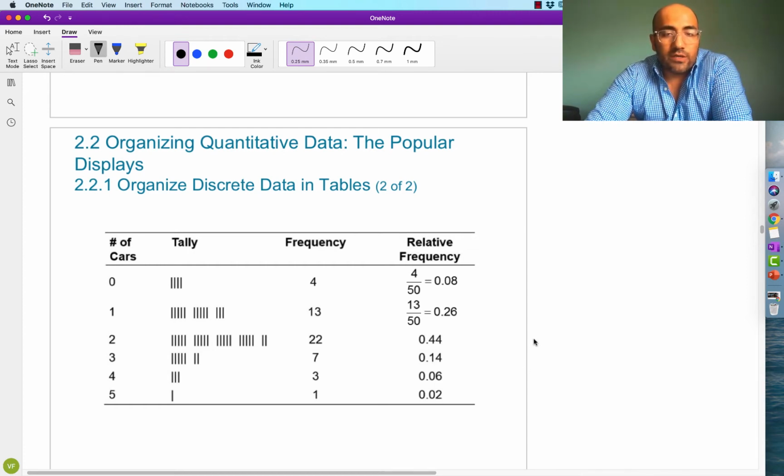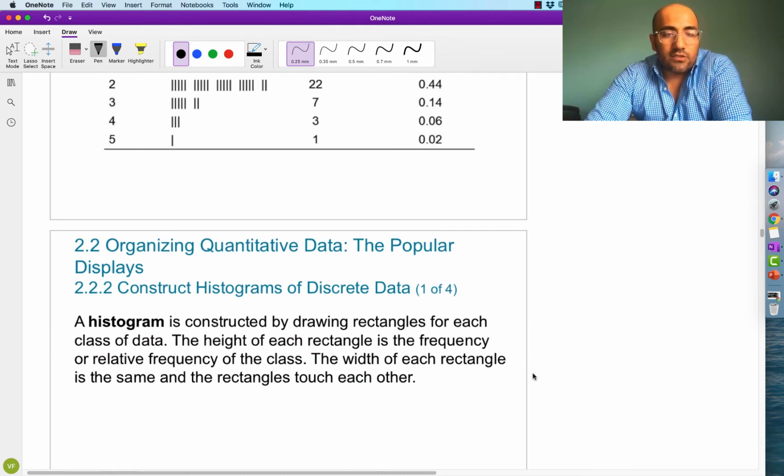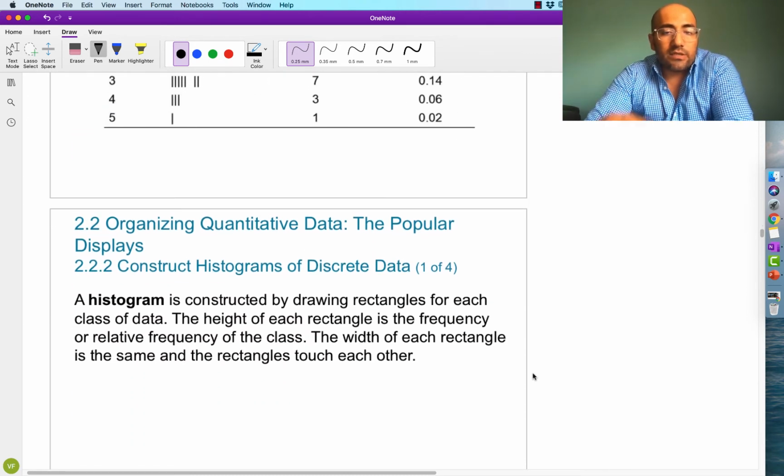Okay, so we know that we can do a variety of things with this information. We can create a pie chart, we know that now, or we can create this histogram. So a histogram is constructed by drawing rectangles for each class of data. The heights of each rectangle is the frequency or the relative frequency of the class, and the width of each rectangle is the same, and the rectangles touch each other, right?